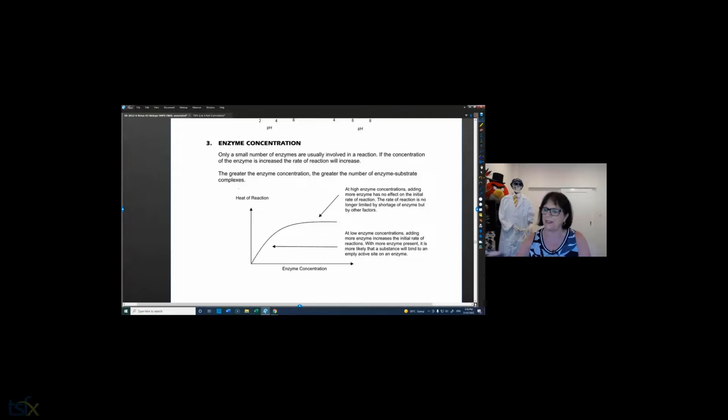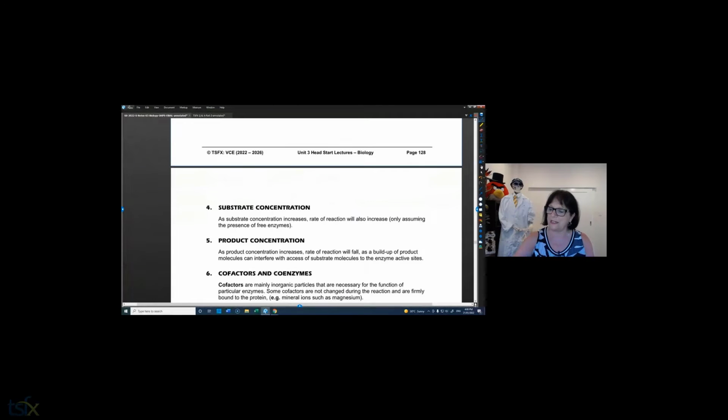And then finally, the last two are the concentration of enzyme. The more enzyme you have, the more active sites, the faster the reaction can happen. But there will come a time where the enzyme's done all its work and there is no more substrate, so it can plateau. And the same with substrate concentration.